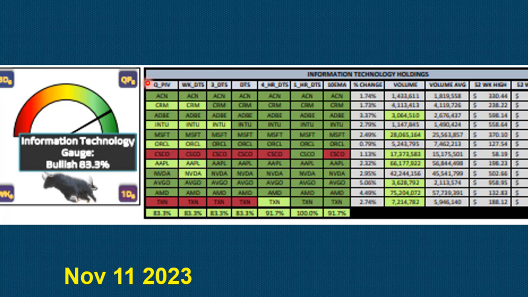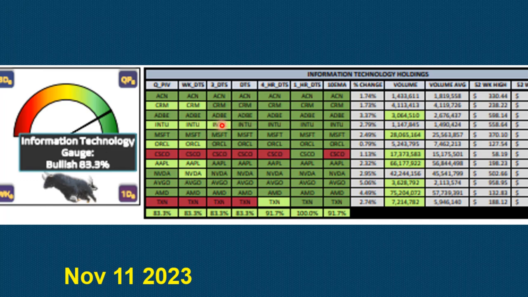The way we have it, there is the quarterly pivot, weekly DTS, 3-day DTS, DTS 4-hour, and 1-hour. The basic premise is, if you have all red, like in Cisco here, you look for the 1-hour to flip positive, then you look for the 4-hour and or the DTS here to suggest it really is a change in trend. Jerry introduced me to the 3-day DTS, which I've become convinced is a very good indicator as well.